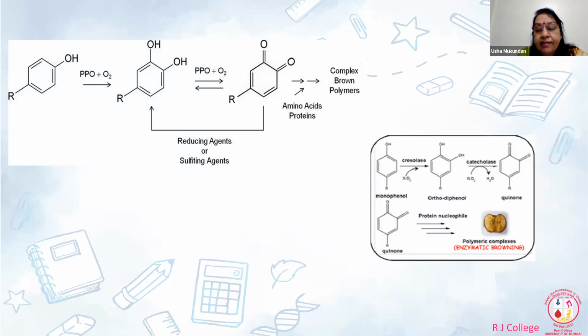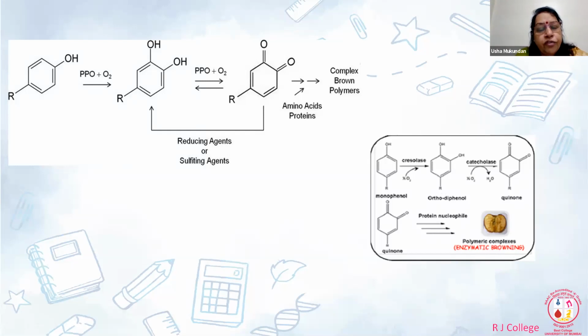There is one example shown here, that is the browning in the case of apple. What is shown? You have a monophenol, and the polyphenol oxidases ultimately convert it into a quinone, and that quinone complexes with the proteins and amino acids present in the plant tissue, resulting in browning of plant tissue.